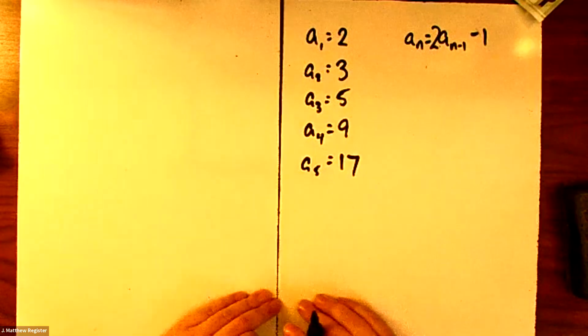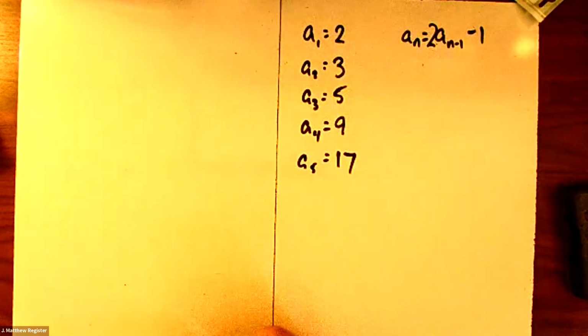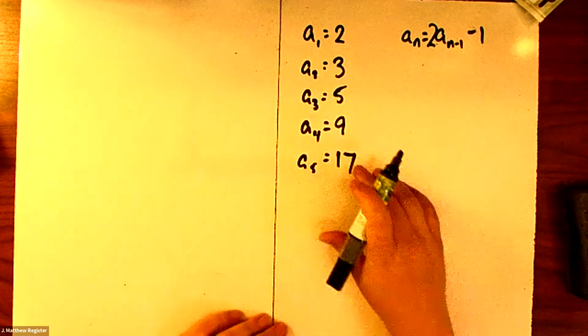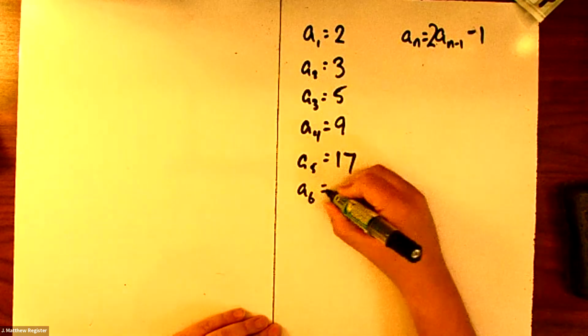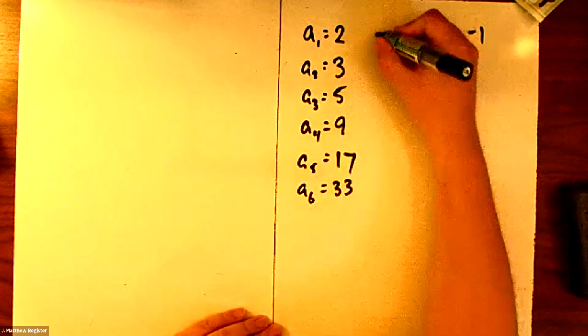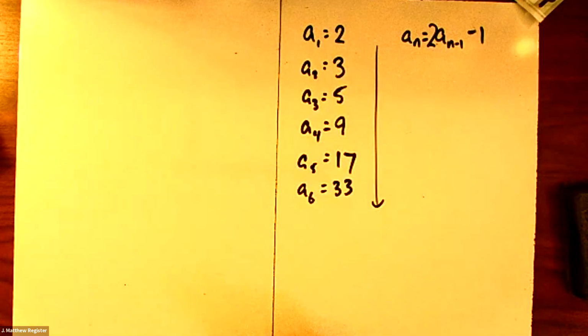And we could ask for patterns related to this sequence, and there's a number of interesting patterns related to this sequence. It might even be worth exploring them. The next one would be 33, and so on.